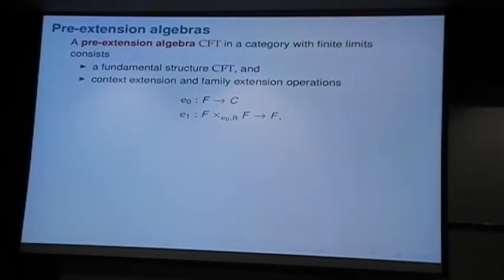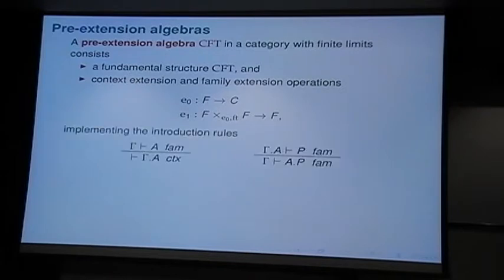So in a category with finite limits, you are going to have two more operations, E0 for context extension and E1 for family extension. So here we use that we have a category with finite limits because the E1 has to be a family over an extended context and then assigns a new family.